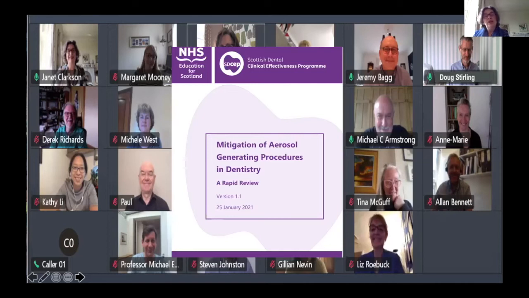We took into consideration the balance of harms and benefits, acceptability, feasibility, preferences, and values in order to make the recommendations around what was an aerosol in dentistry, whether or not there were different risks associated with different aerosol generating procedures, and the procedural and environmental mitigation.